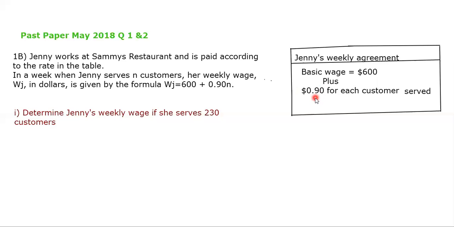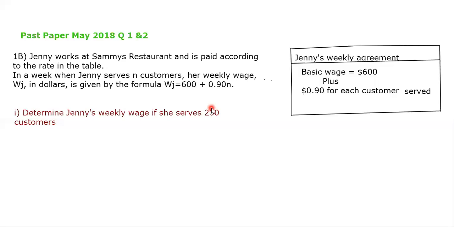Which is the same thing as $0.90. For every customer served, that's the amount that she gets. Now that would add up to the formula to be 600 plus 90 cents, basically 0.90 N, because remember that N is the amount of customers.